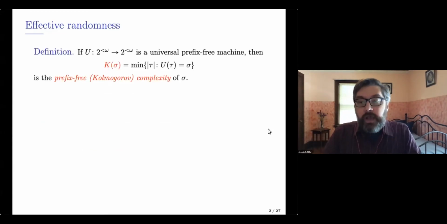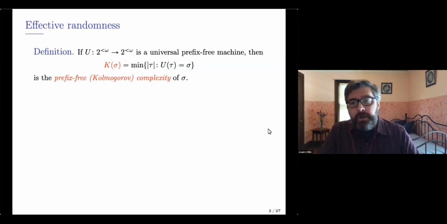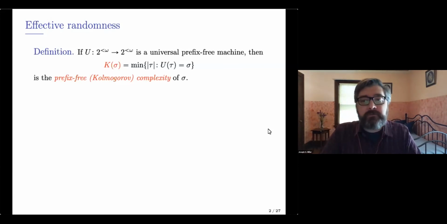Okay, so I have a slide doing a very quick introduction to effective randomness. There's not a lot of effective randomness you need to know. You need to know roughly what Kolmogorov complexity means. Here I have the definition of prefix-free Kolmogorov complexity.